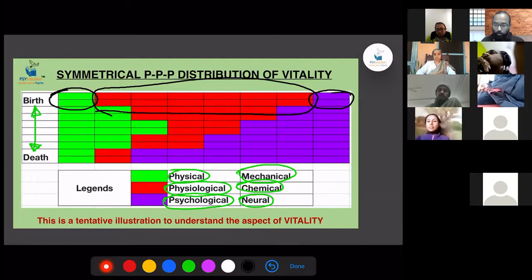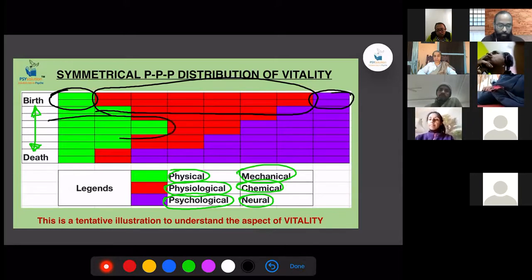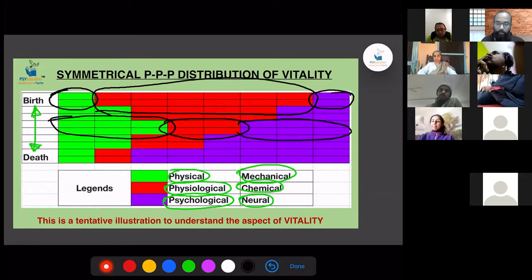As they grow, because I get this question a lot: if it is being proposed that the vitality is constant, then a baby cannot lift a weight, but a grown up can lift a weight. The reason is that the physical allocation, the green portion, is lesser in the baby. Here the grown up can lift a weight. Where the growth has stopped, the physiological allocation is reduced. Now neurons are grown up, so neurological allocations are higher.